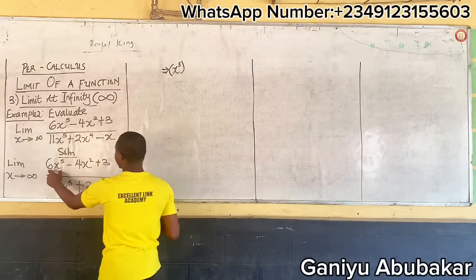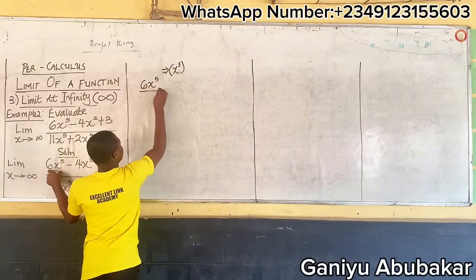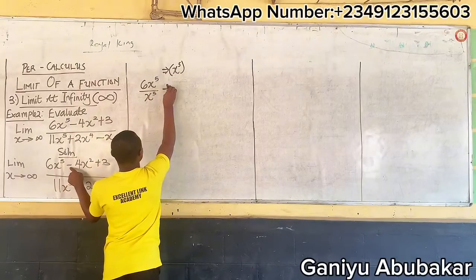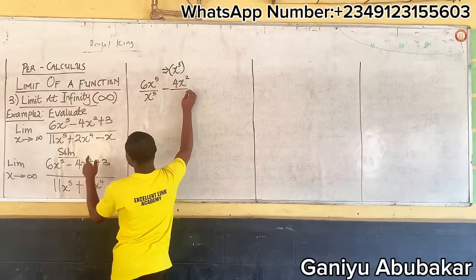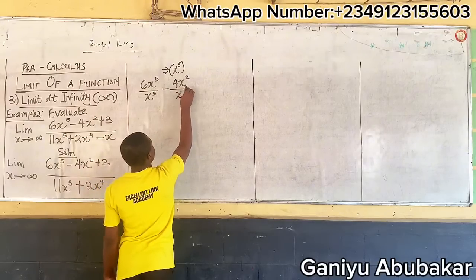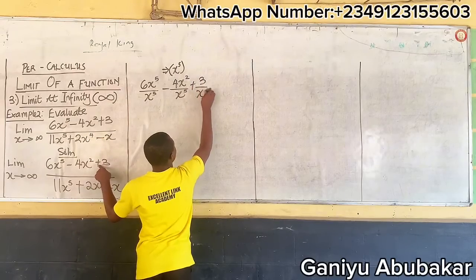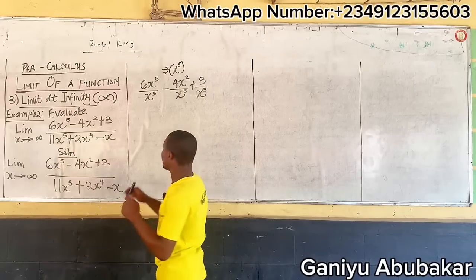So pick up 6x to the power 5. 6x to the power 5 over that x power is x to the power 5, minus 4x squared over the x power, x to the power 5, plus 3 over x to the power 5. That is the numerator.